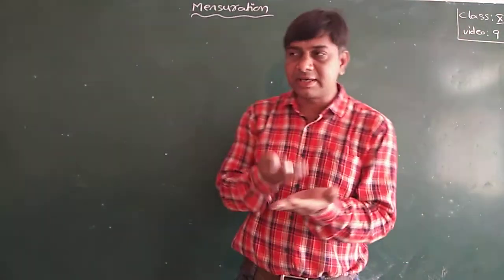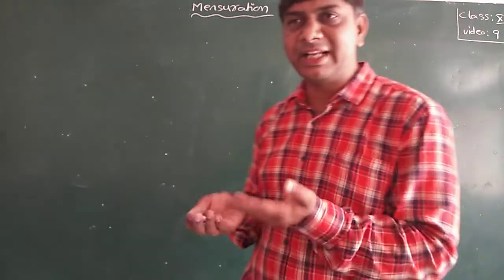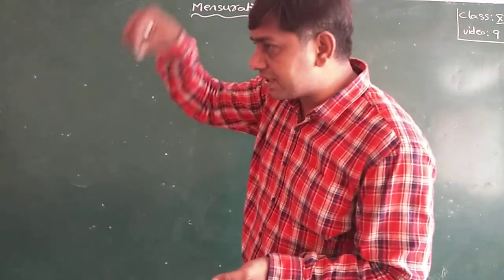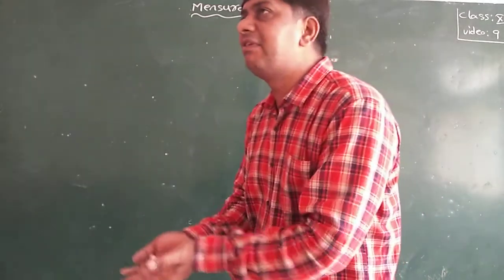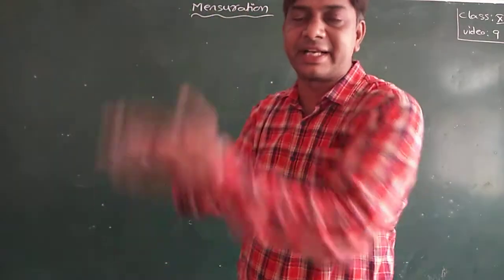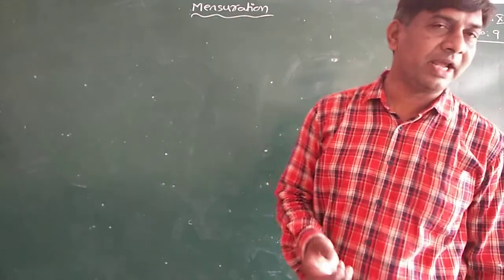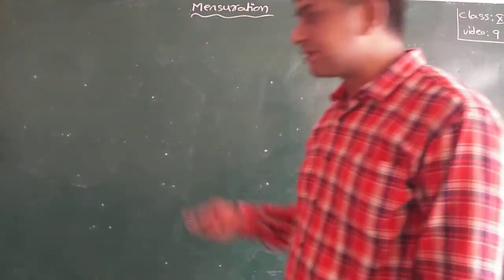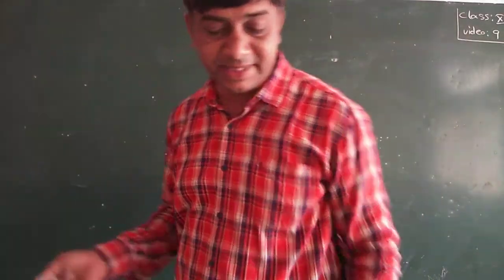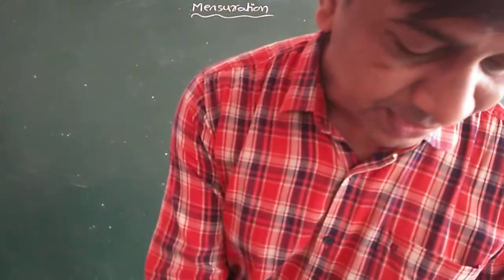But here there is only some water in the beaker. So whatever solid you immerse in that beaker, the water level will rise. That means height will increase. From bottom to top is 5.6 centimeters height.